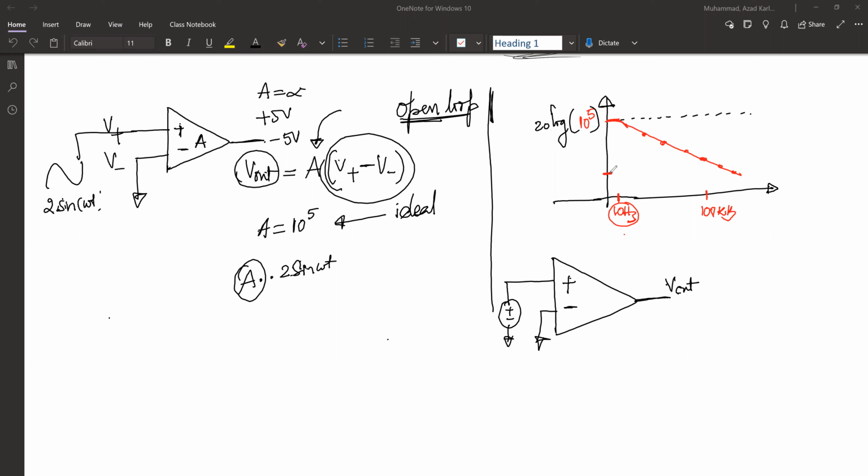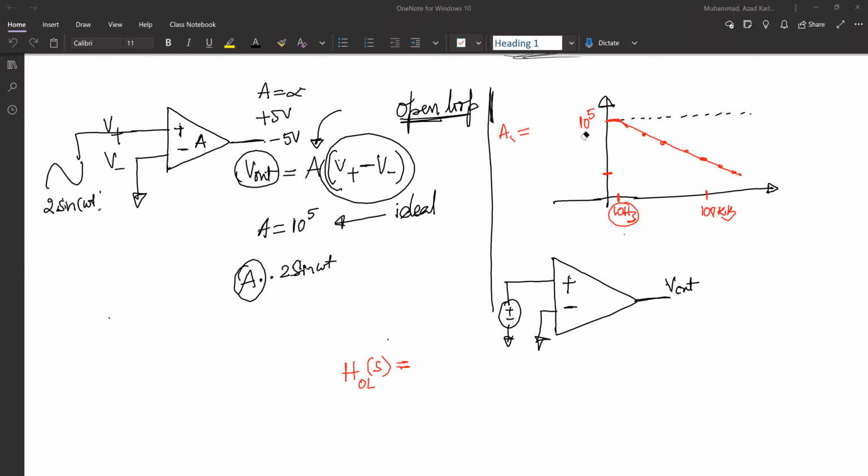So let's try to see how this looks in the transfer function sense. If I'm trying to write an open loop op amp's transfer function, OL stands for open loop, just for the notation, let me call this very large number A naught. Let me go back to regular scale for a second.